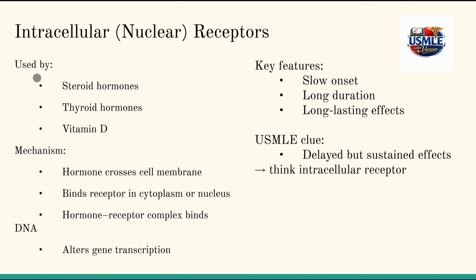Intracellular receptors are used by steroid hormones, thyroid hormones, and vitamin D. These hormones cross the cell membrane, bind to their intracellular receptors, and then directly alter gene transcription.